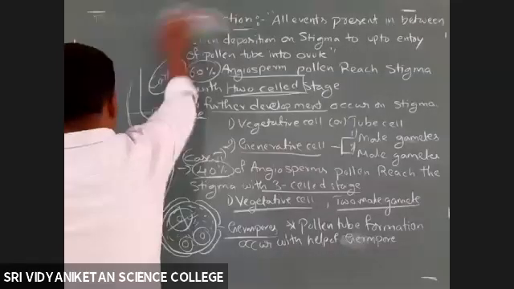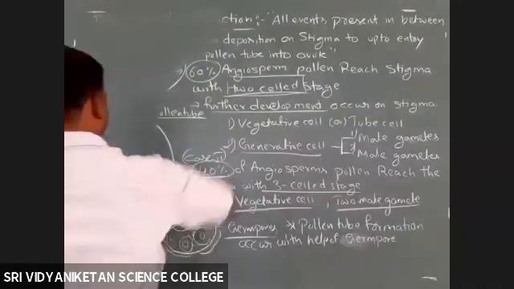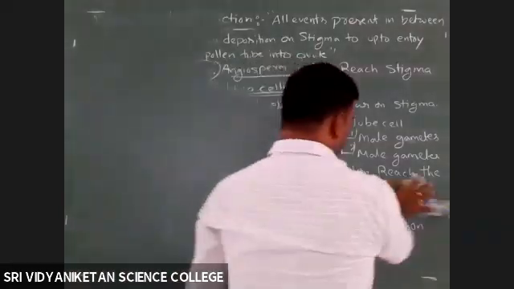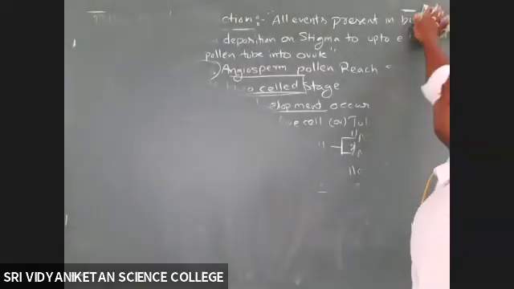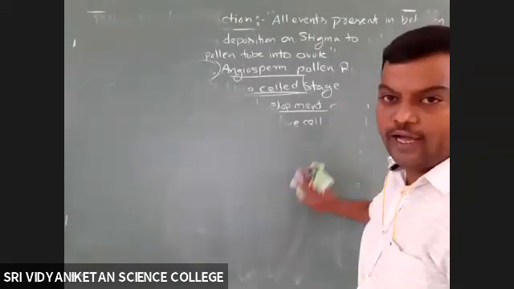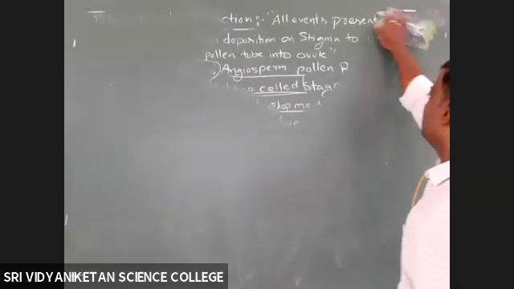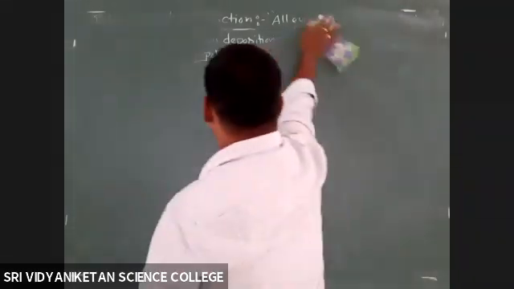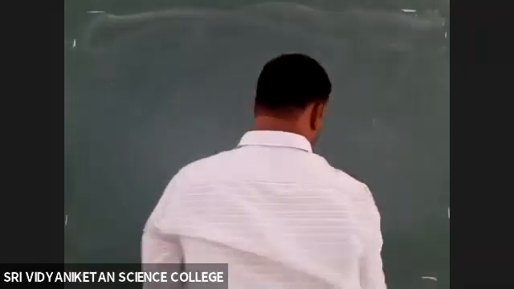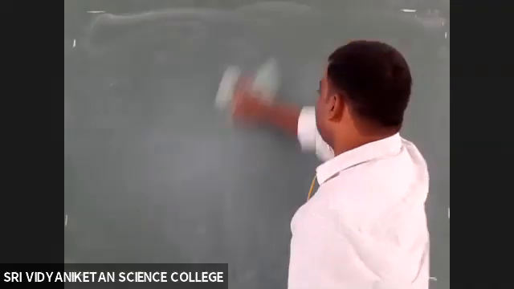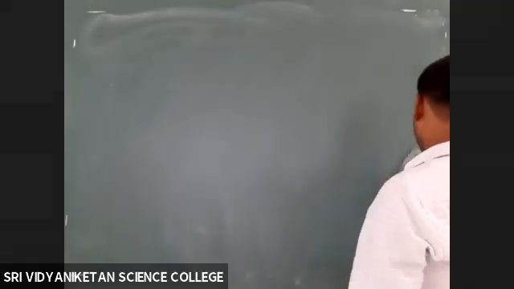So after this, the process of pollen germination, how does it occur? Already I told that the pollen grain consists of a minute area where sporopollenin is absent, called the germpore. So the pollen grain in its structure consists of a minute thin area called the germpore.